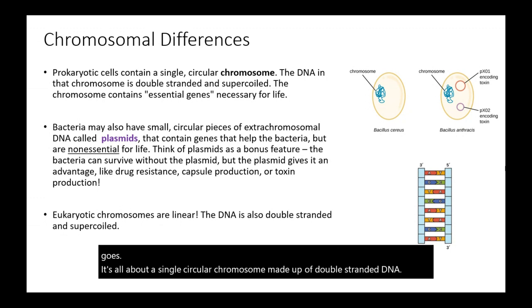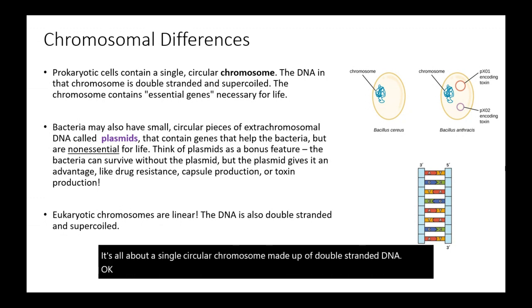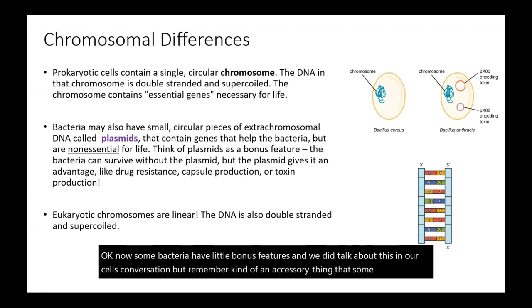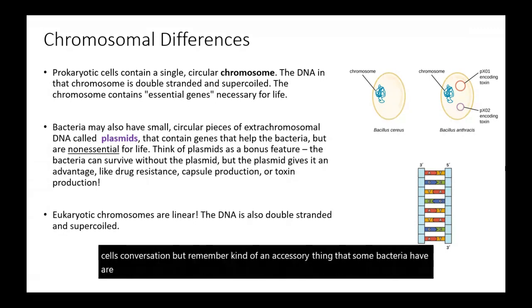Now, some bacteria have little bonus features, and we did talk about this in our cells conversation. Remember, an accessory thing that some bacteria have are plasmids, and these are extrachromosomal. That means they are outside of the chromosome. So what does that mean?